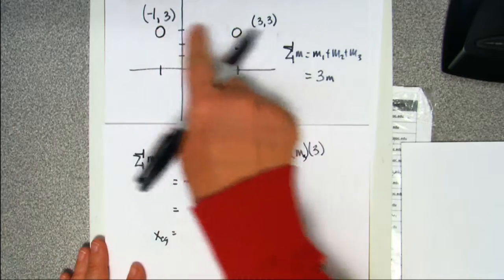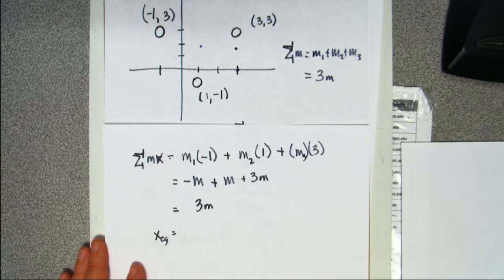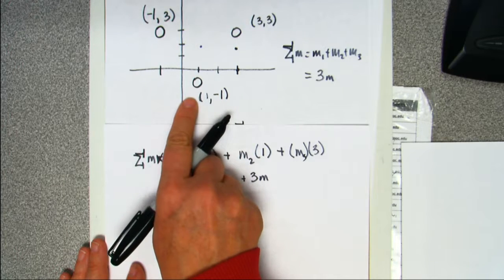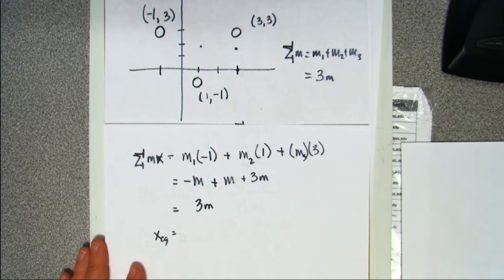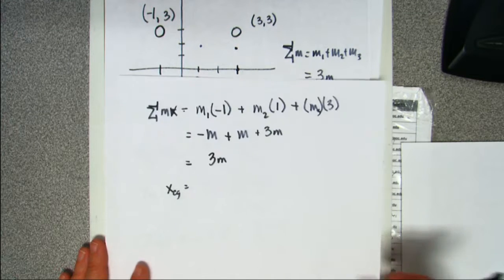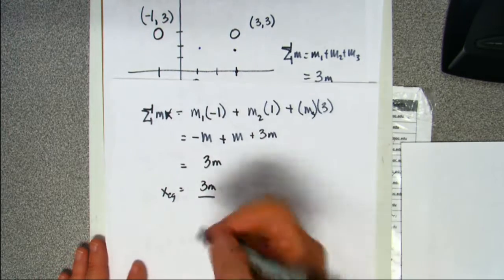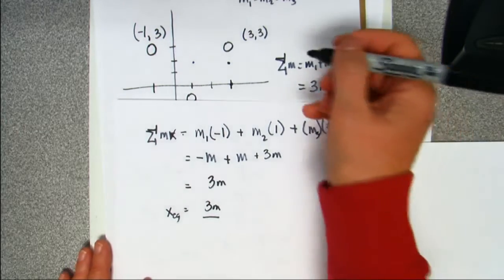If these three are all the same, this is my minus, my -1. That's giving me 3m divided by, oh, no, it's not, you're right. Oh, yay, there's something right.